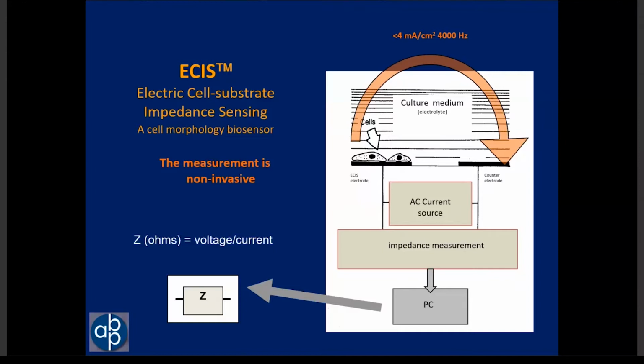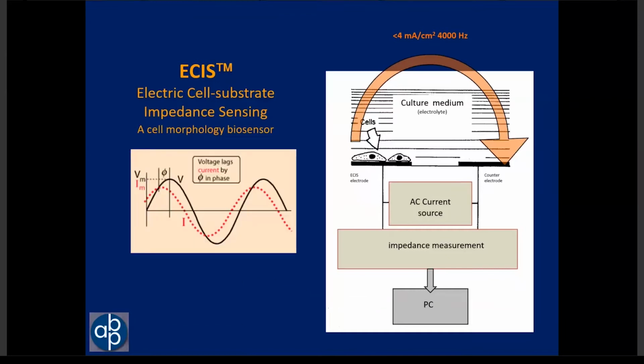But you may also remember from studying physics that when you have an AC signal, it is a much more complicated measurement in that there can be what we call phase differences. Let me see if I can explain that. Here we're seeing a graph that shows the current being applied at a certain frequency, indicated by the red dotted line.